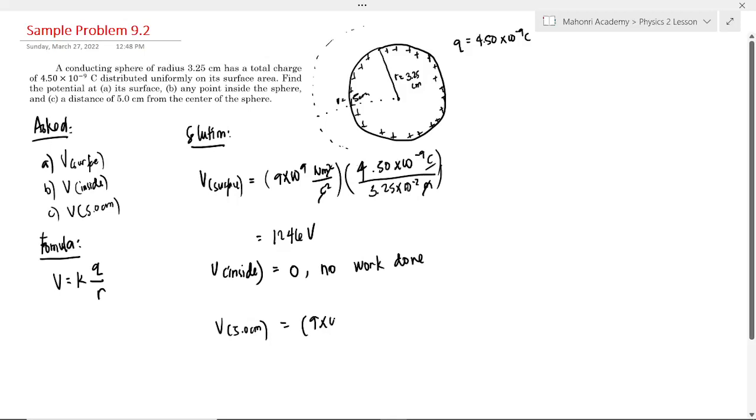So that is still the same equation. 9 times 10 raised to 9 newton meter squared per coulomb squared, multiplied by still 4.50 times 10 raised to negative 9 coulombs, divided by your distance, which is now 5 times 10 raised to negative 2 meters. The coulombs get cancelled, and that is actually equal to 810 volts.